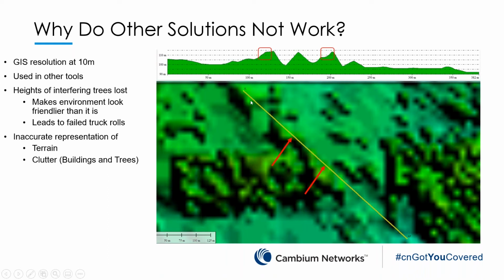So what's happening is we're losing the resolution of reality, and when you do an RF propagation model, it doesn't really work that well anymore. It makes the environment look friendlier than it is in this example. And this is what leads to failed truck rolls and inefficiencies in our business.